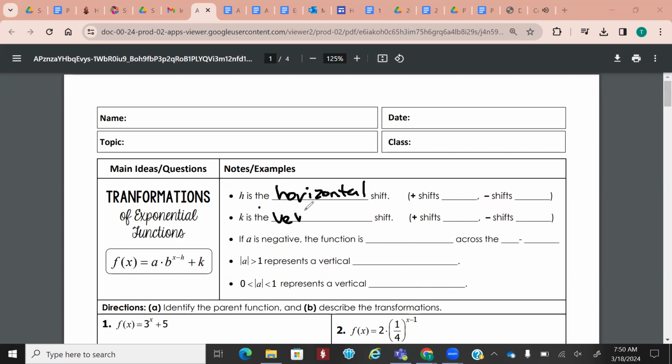K is going to be the vertical shift. This is going to move left if it's positive. This is going to move right if it's negative. It's going to move up if it's positive, and it's going to move down if it's negative.